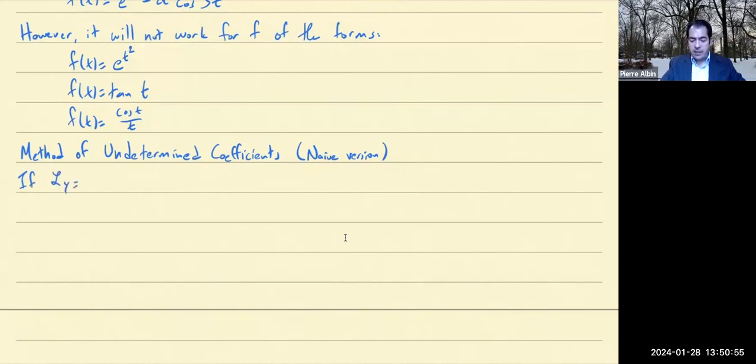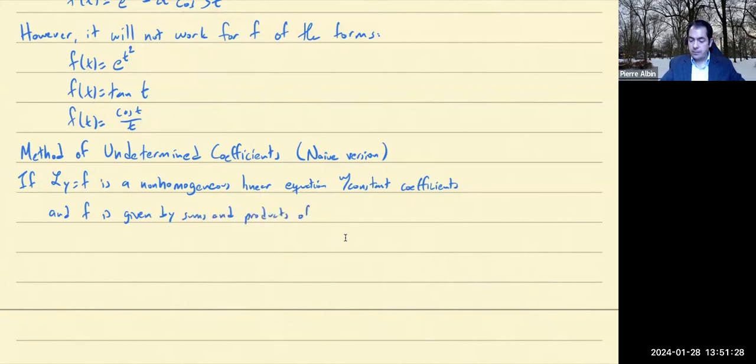So the method says if Ly equals f is a non-homogeneous linear equation with constant coefficients, and f is given by sums and products of exponentials, sines and cosines, and polynomials, then to find a particular solution, you make an educated guess.